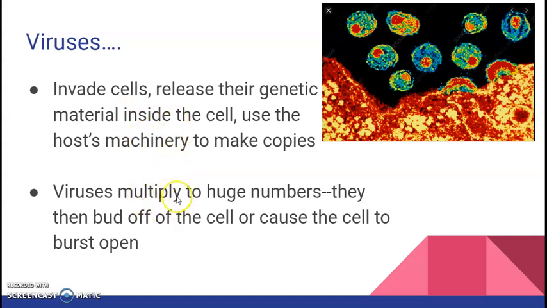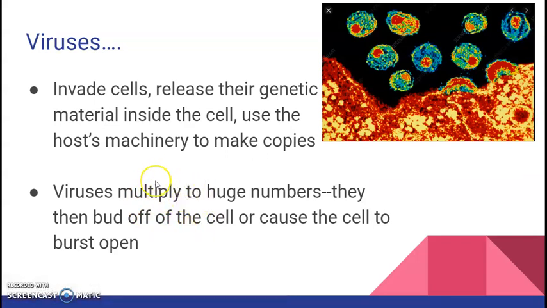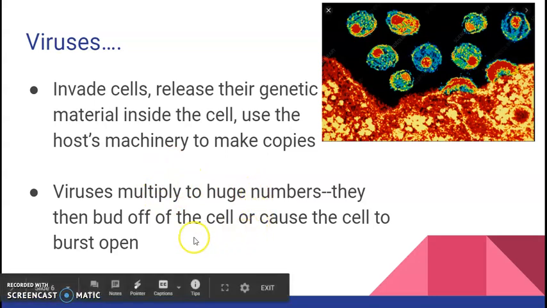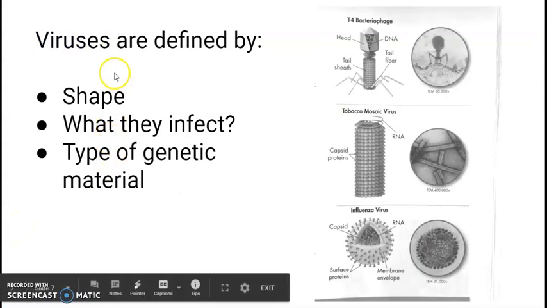Then as they multiply, they either bud off of the cell, or sometimes they multiply so tremendously that they cause the cell to burst open, which is obviously not a good thing and causes some of the problems that viruses create.